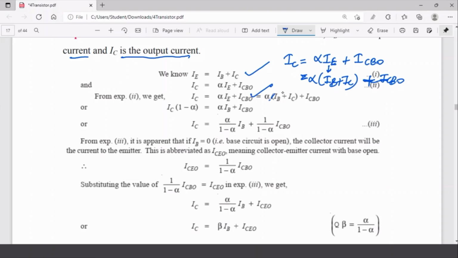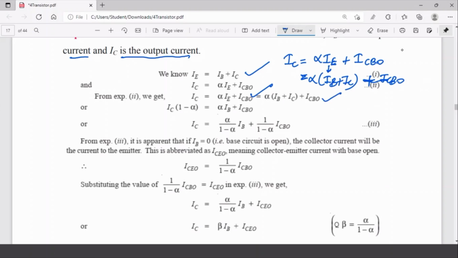Now this is alpha times (IB plus IC) plus ICBO. Yeah, this is ICBO.